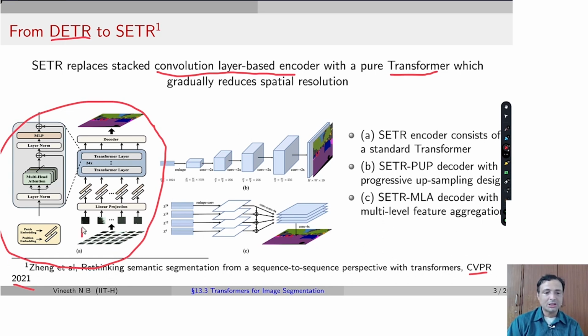These image patches go through a linear projection, after which they are appended with a positional encoding, and then they go into the transformer encoder. And then there is a decoder where they have two variants, one called SETR PUP, which is progressive upsampling, which is what you see on top here, and a second one called SETR MLA, which stands for multi-level aggregation.